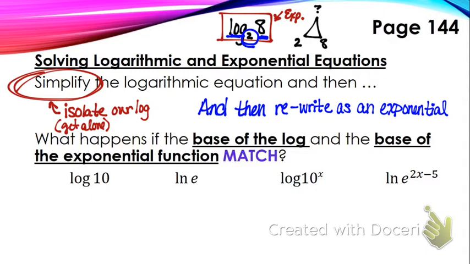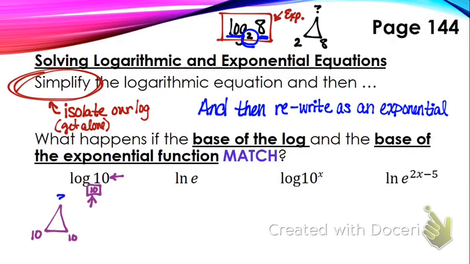So what happens if the base of the log and the base of the exponential function match? Down here I have a couple examples of that. If you see just log and no little number, what is our base? 10. I'm going to think about this the way we do with a triangle. The 10 goes in the left bottom corner, and my argument goes in the right bottom corner.